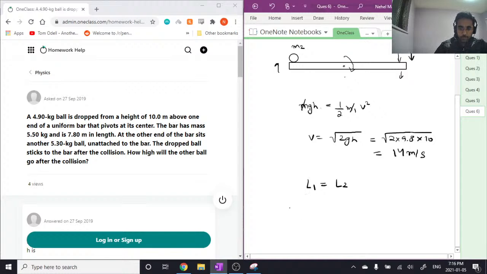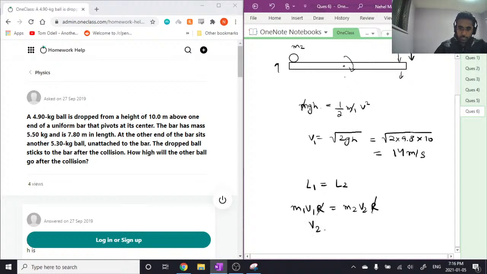And the equation for angular momentum is given by m1 v1 r equals m2 v2 r. R in both cases is the same because they are both the same distance away from the pivot, so they cancel out. Therefore, we can solve for v2 from here.